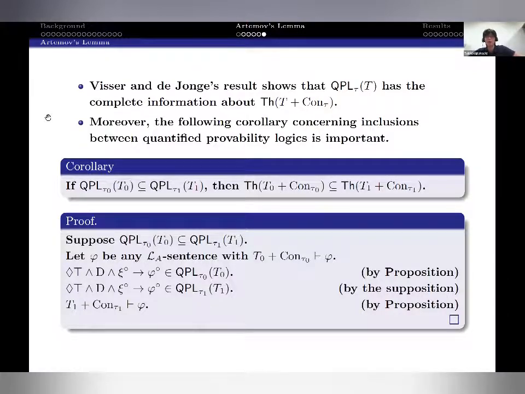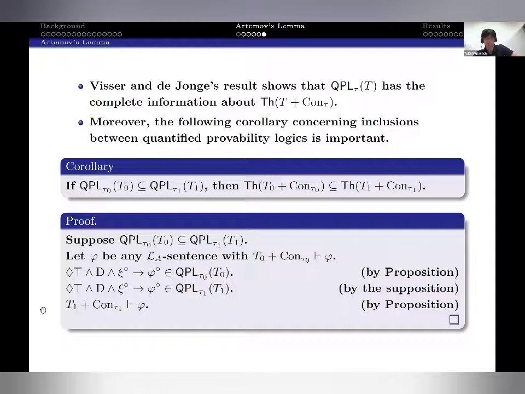Moreover, the following corollary concerning inclusions between quantified probability logics is important. If this inclusion relation holds, then T0 plus con tau 0 is a subtheory of T1 plus con tau 1. This is an easy corollary to the proposition.